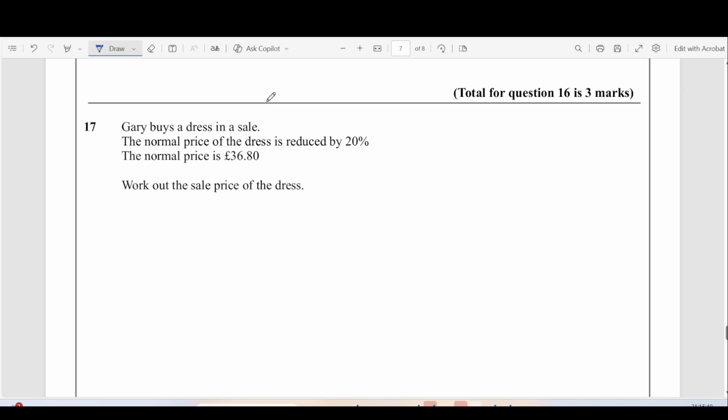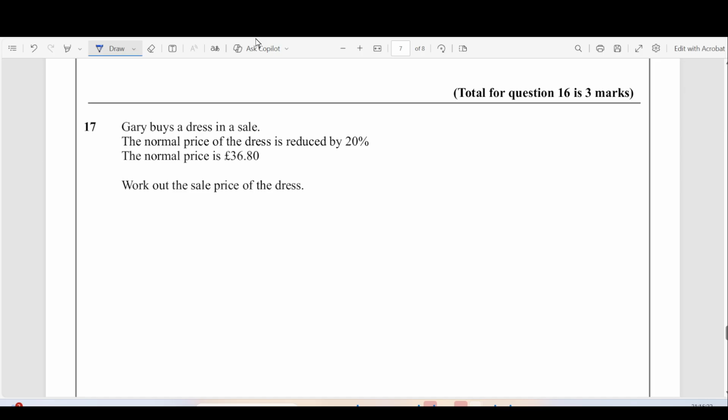Try it. Buys a dress. Are you trying it? Yes, buys a dress.